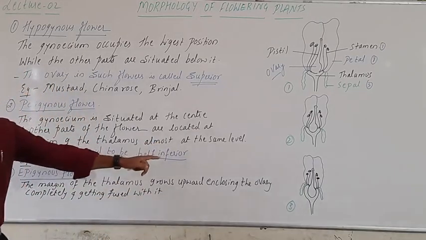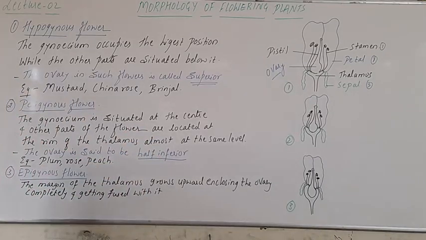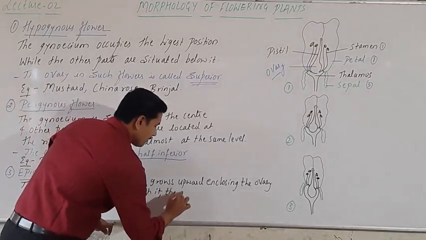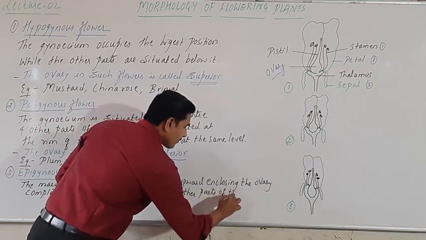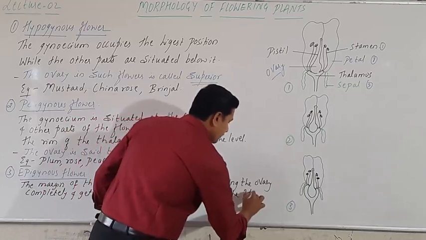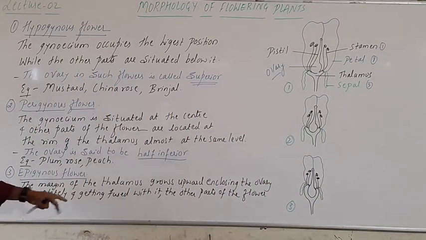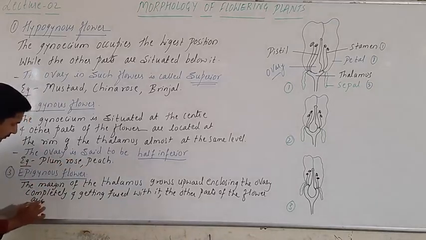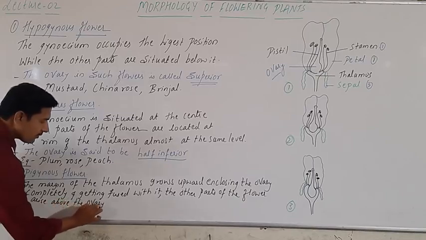So look at the diagram there. So how is it fused? So it is fused with it. The other parts of the flower arise above this ovary. So here the other parts of the flower arise above the ovary.